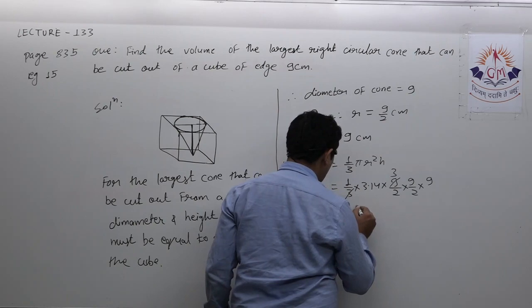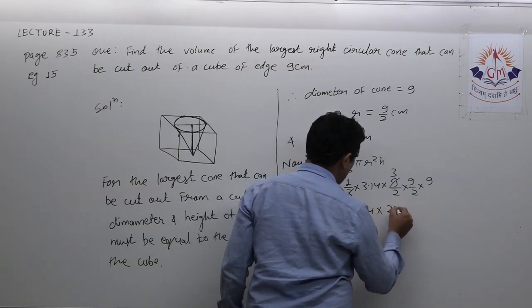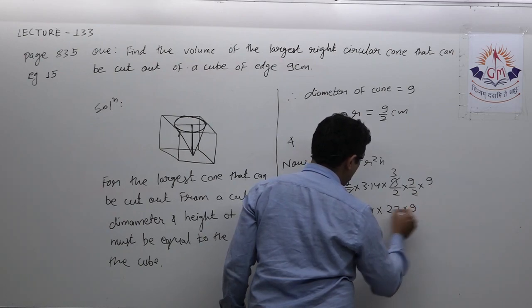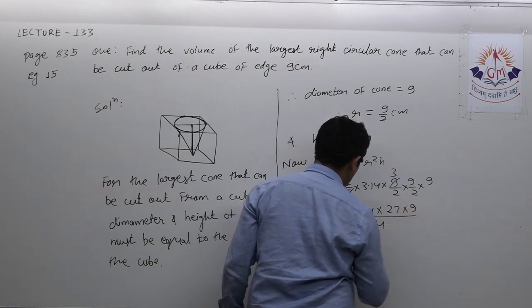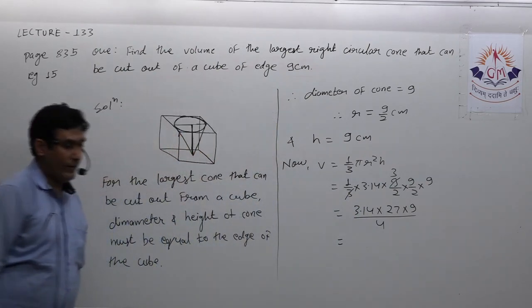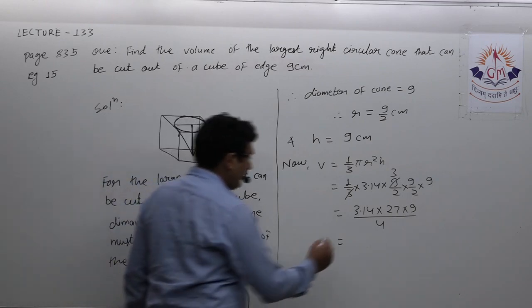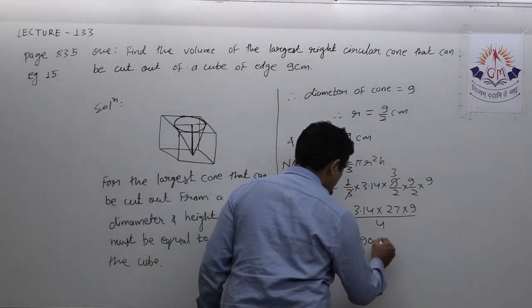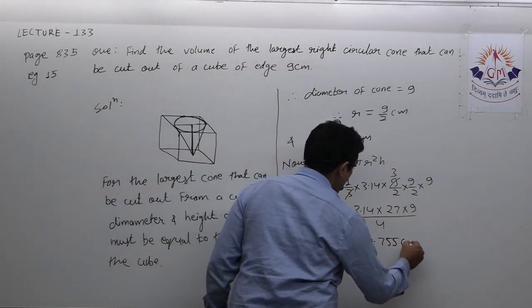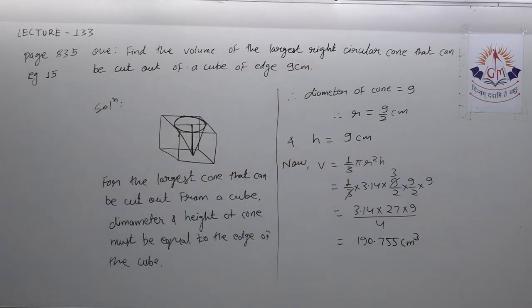So the answer will be 3.14 multiplied by 27 multiplied by 9 divided by 4. Multiply this to get the final answer. This will be this much centimeter cube, so please note it down. Then we will see the next question.